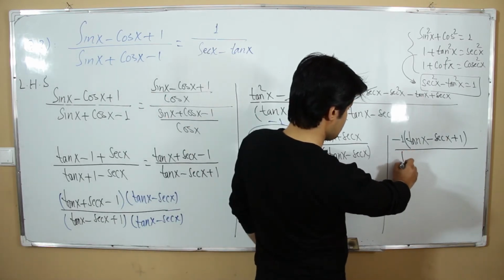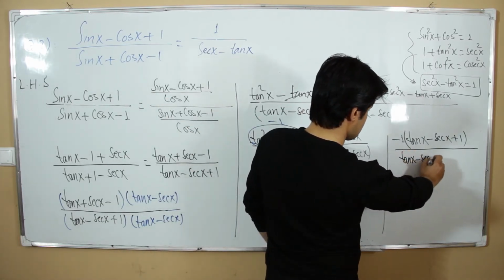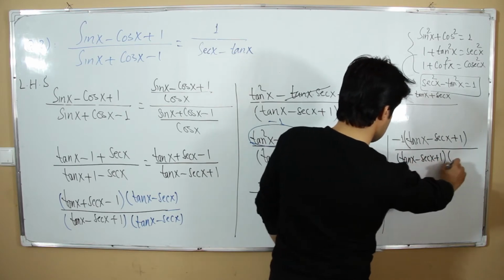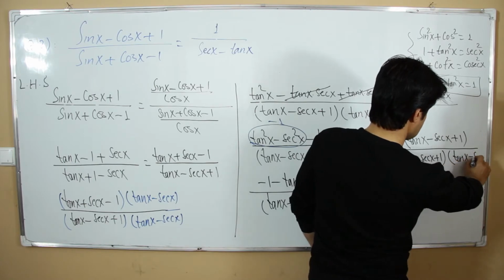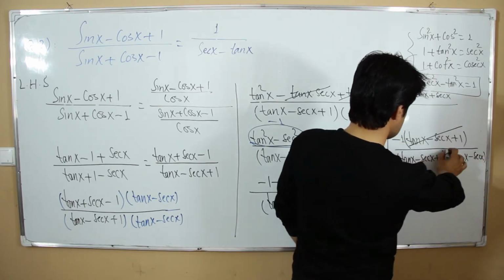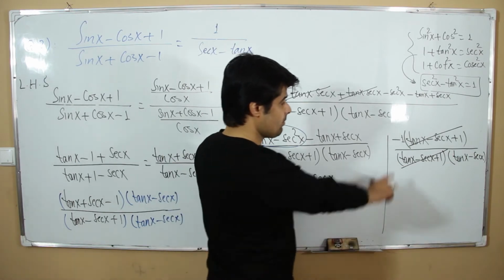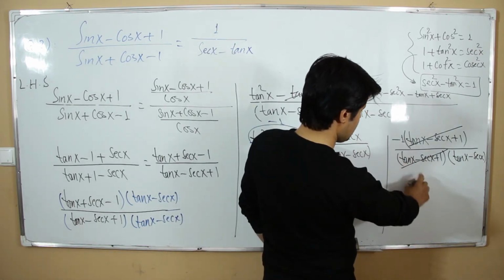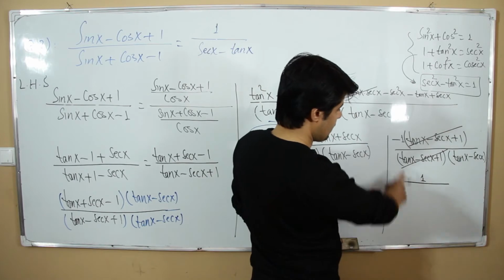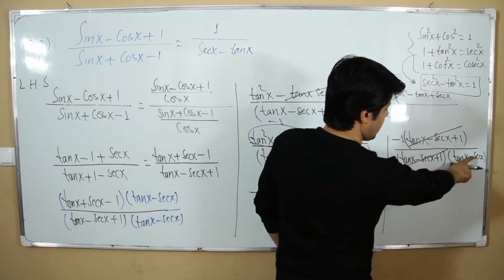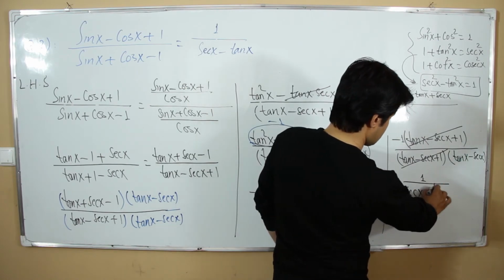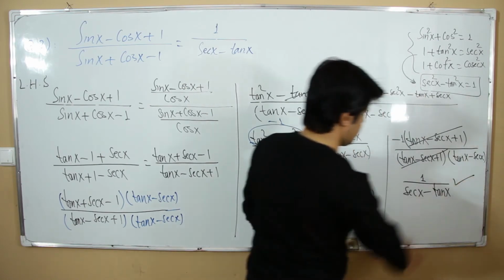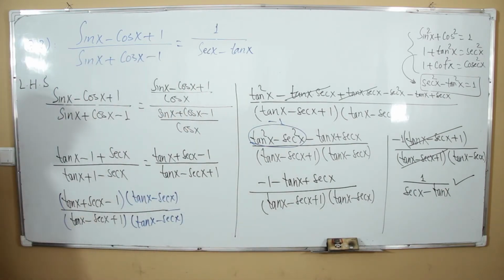So in the denominator we have tangent x minus secant x plus 1 and tangent x minus secant x. Now this one is cancelled. If I put this negative in the denominator, in the numerator we have 1 minus with this one, this is minus, and minus with this minus, it's plus secant x minus tangent x. I think it's proved. Right, please.